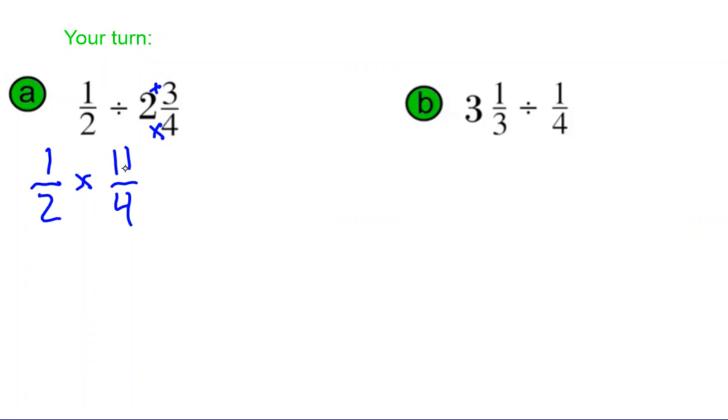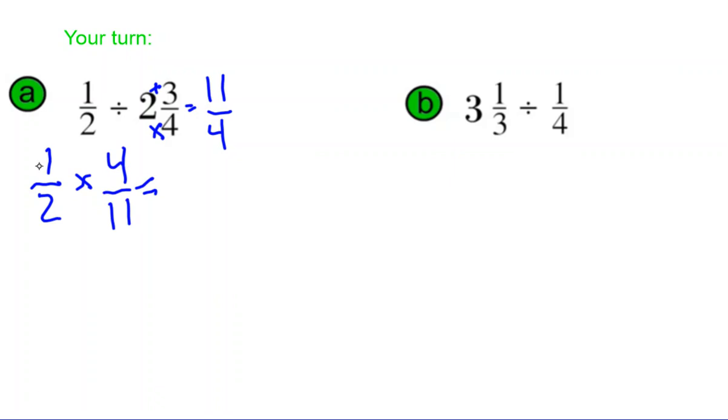And then we need to take the reciprocal of 11/4. We need to change that to 4/11.